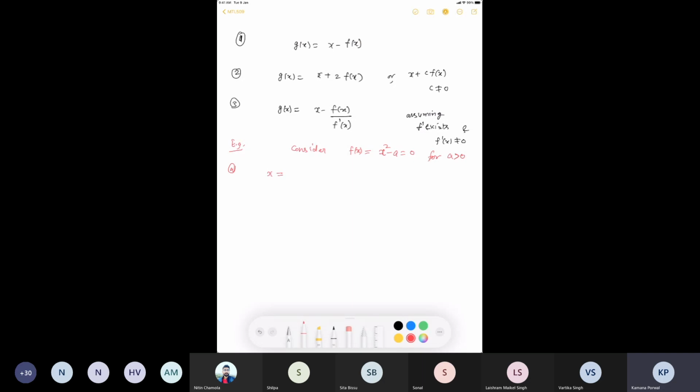So we can write here x is equal to, I'm just going to add x to both sides. So what I will have is x square minus x plus x minus a, right?